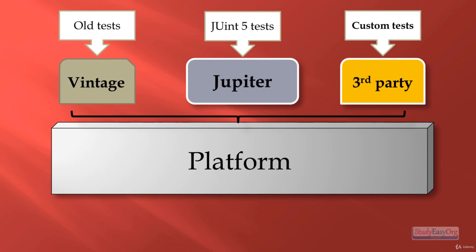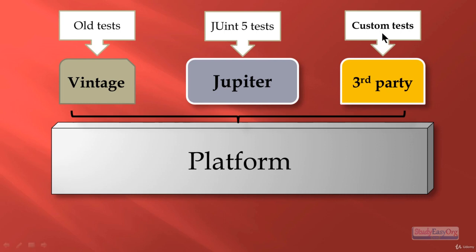Then we have the JUnit 5 test cases. Test cases which are developed using the JUnit 5 methodology are definitely run using the Jupiter API, and the package name where we have the API is again Jupiter. So when it comes to JUnit 5, the Jupiter package is the package where we have the APIs.